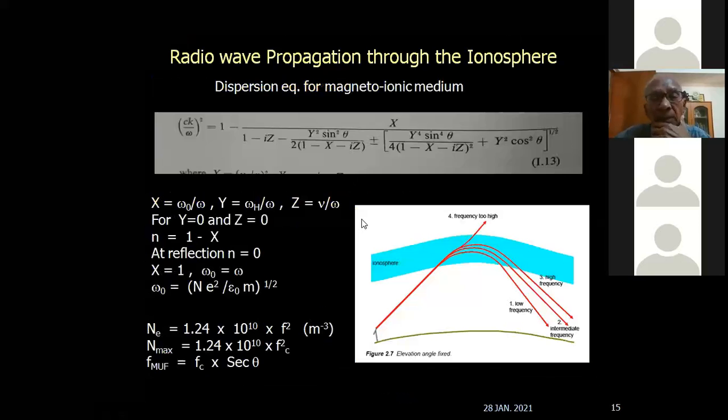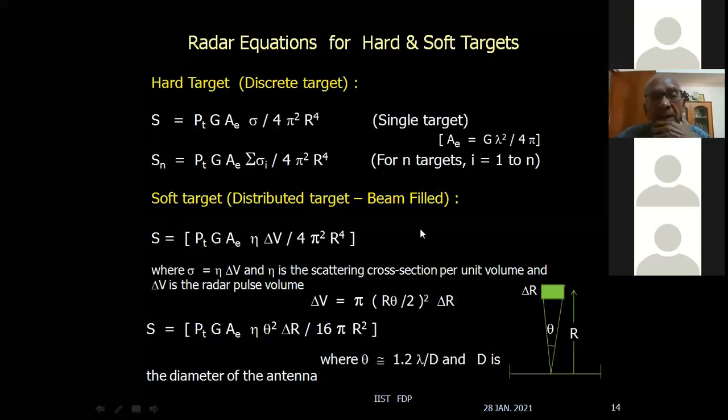And if your target is a distributed target or beam-filling, this is for an atmospheric target, a soft target, atmospheric turbulence. Then whatever is the beam width, the beam vertical dimension will keep on increasing as the radar beam propagates up into the atmosphere.